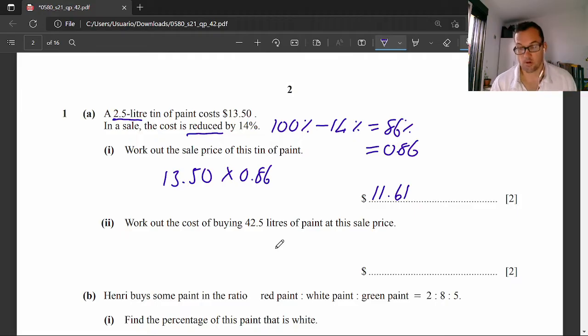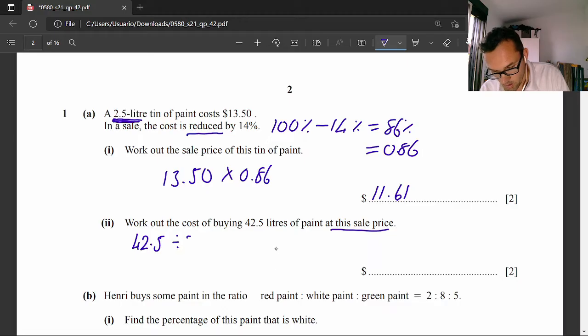Question 1a, part 2. Work out the cost of buying 42.5 liters of paint at this sale price. Okay, so first of all, remember that 1 tin is 2.5 liters. So first we need to work out how many tins we need to buy, and that will be 17 tins.